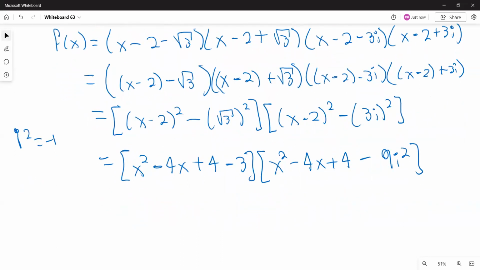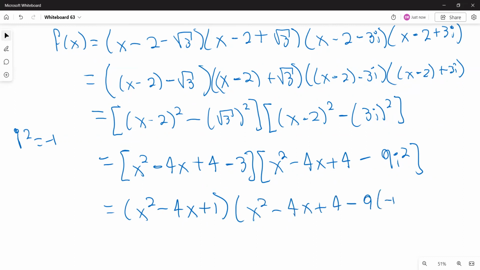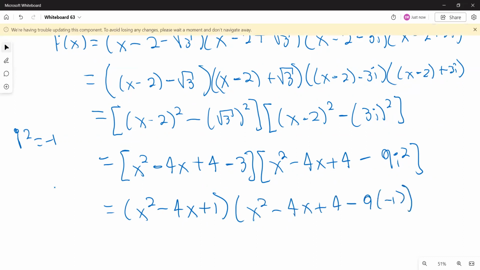This is x squared minus 4x plus 1 times x squared minus 4x plus 4 minus 9 times negative 1. That will become plus 9.